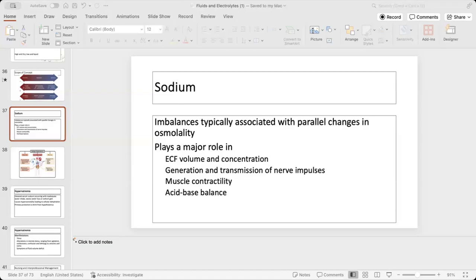Okay, if a client is taking furosemide, what would be a side effect? Hypokalemia. Yep. What else? Hyponatremia. Right? Do we need to monitor for those? Dehydration? Yes. Okay.